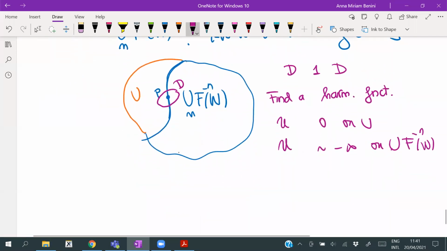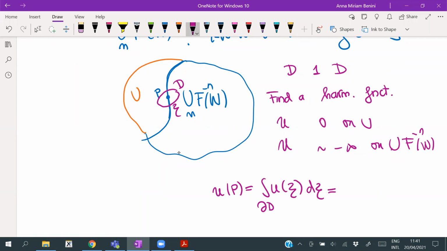And then you get a contradiction, because this harmonic function computed in P is equal to the integral over the boundary of your disk, and you need to choose your disk carefully, of u of zeta d zeta.